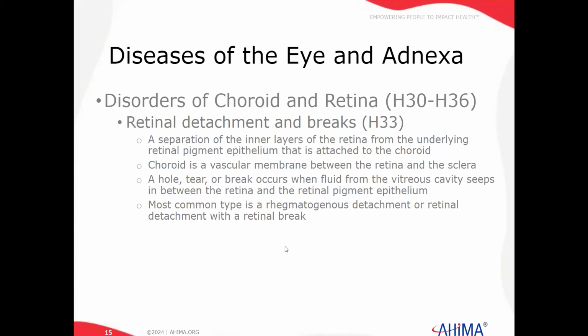The choroid's a vascular membrane, if you will, between the retina and the sclera. Many times we'll get a tear or break where the fluid from the vitreous cavity in the back will seep in between the retina and the retinal pigment epithelium. The most common is the rhegmatogenous detachment of the retina, or the retinal detachment with a retinal break.